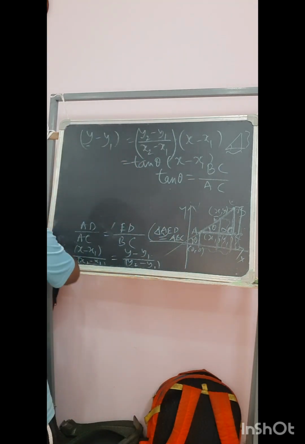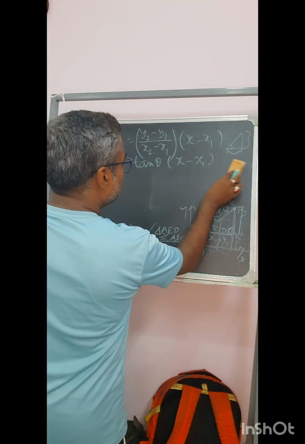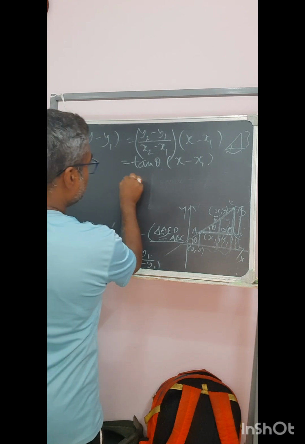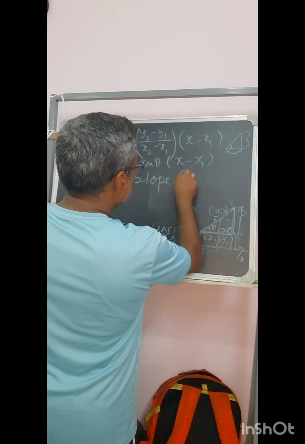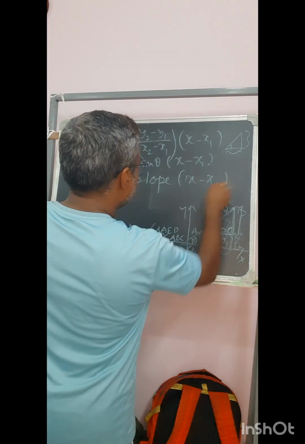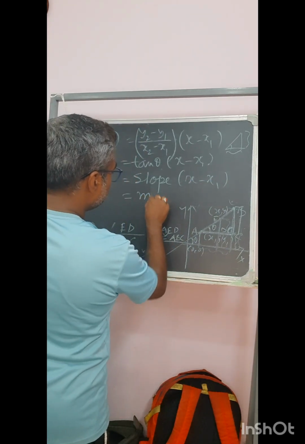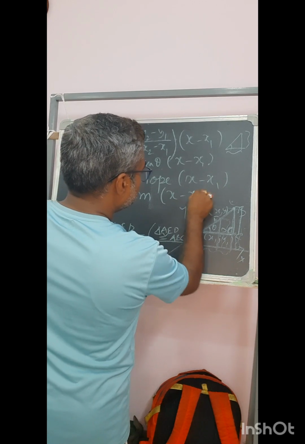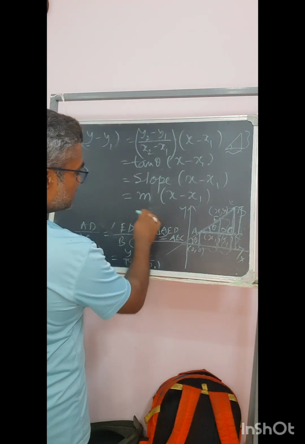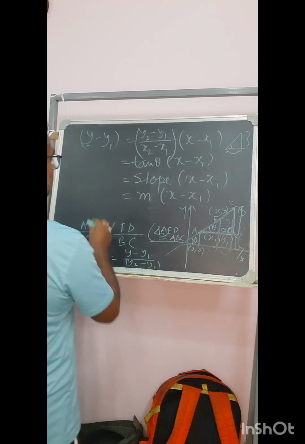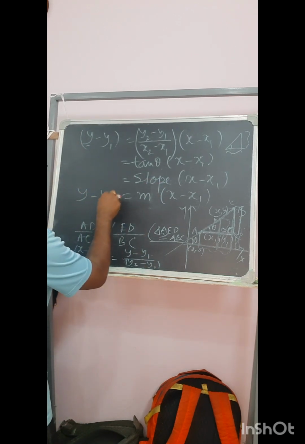In our case, we will represent it as slope. We will say it as a slope, and that in a linear equation is represented by small m. So x1. Understood? So this m is the slope tan theta. So that is equal to y1.